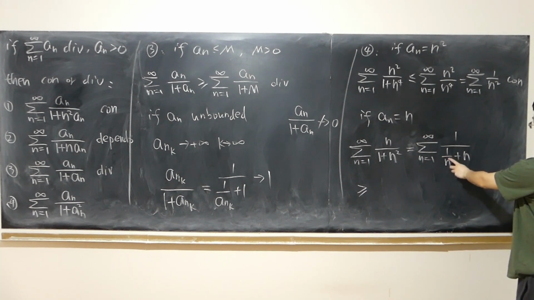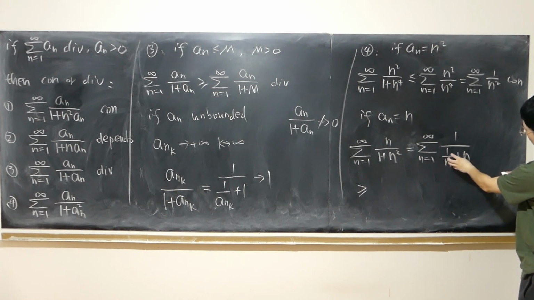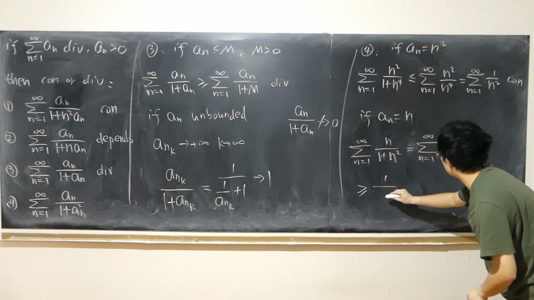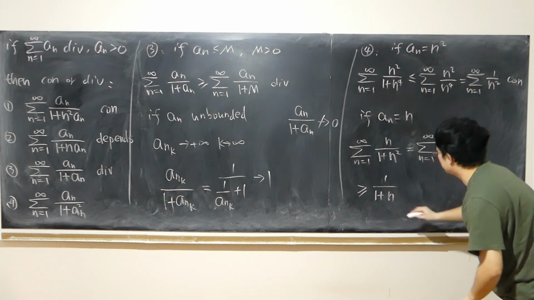Make the denominator a little bit bigger so the whole thing becomes smaller: make 1 over n a little bit bigger, replace 1 over n with 1, giving 1 over 1 plus n.